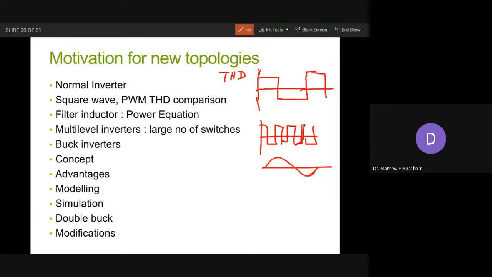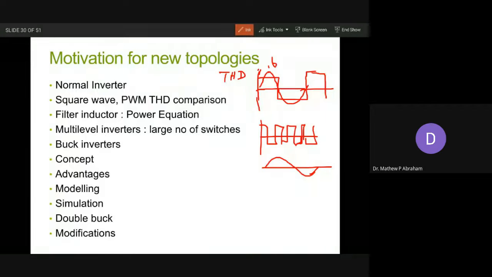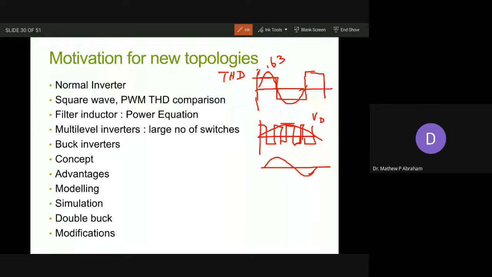Why? Because if you analyze both waves, the fundamental component in the case of square wave will be 0.63 times VDC by 2, this value. Whereas in the case of PWM, the maximum value is this DC value itself. This is called VDC by 2. VDC by 2, here it is 0.63 VDC by 2.